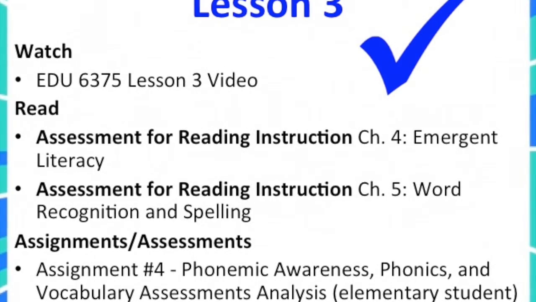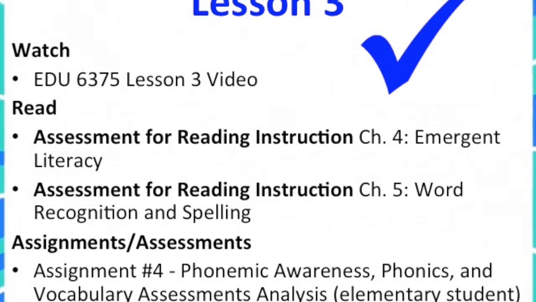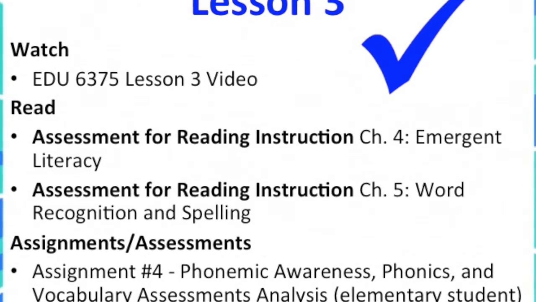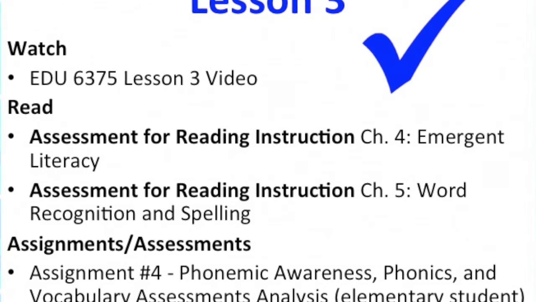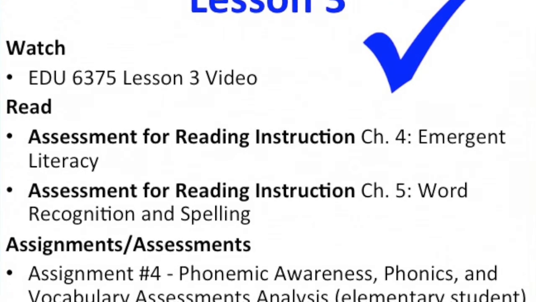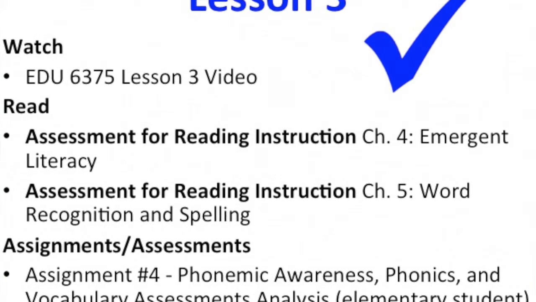If it's a younger elementary student, that would be your option to use the emergent literacy assessments. By and large, as the students get older, you're going to not use those, and then you'll want to focus on some of those word recognition, phonics types of assessments.